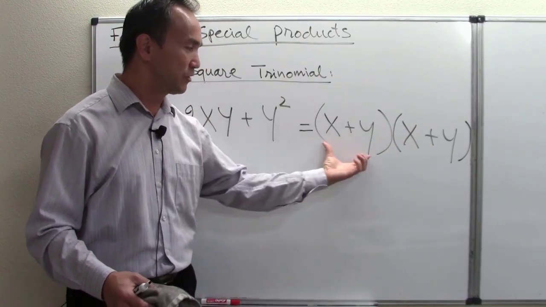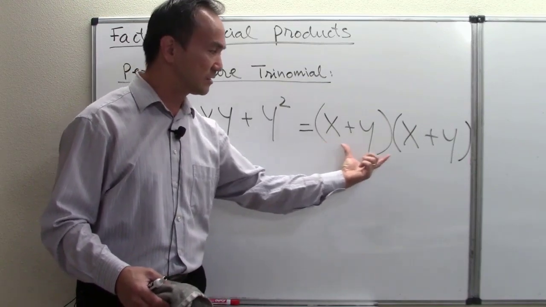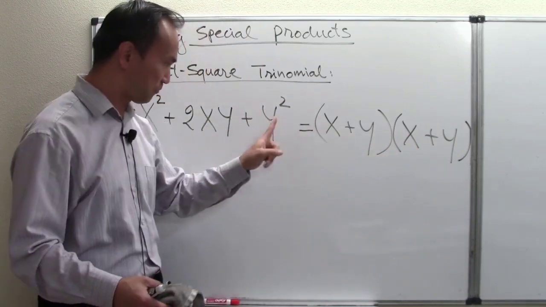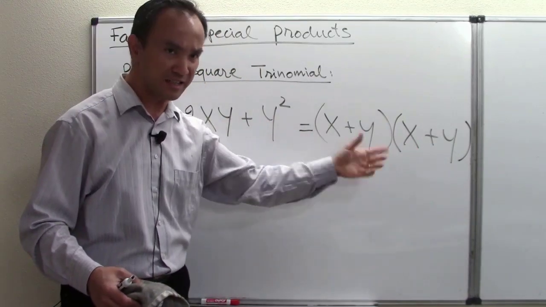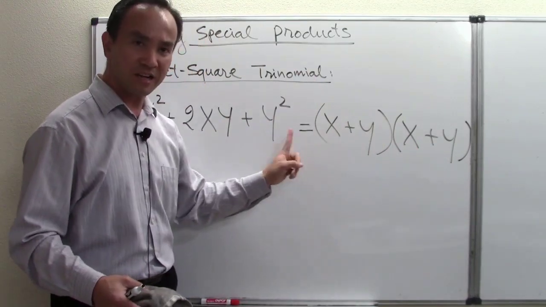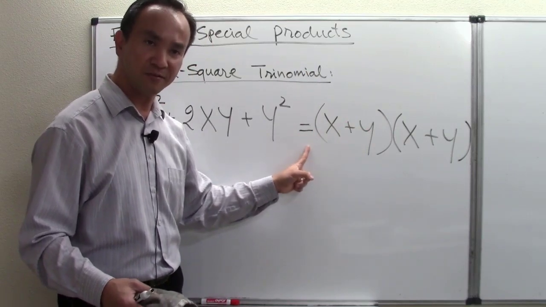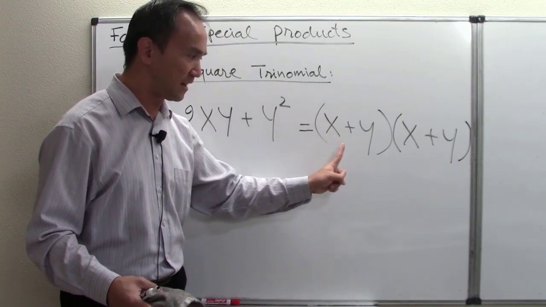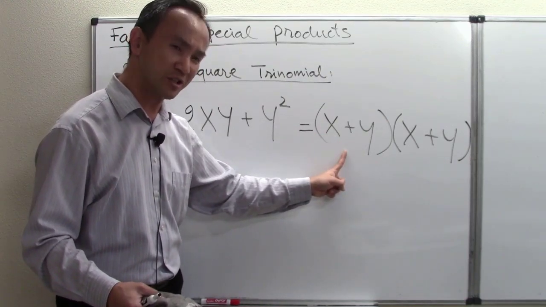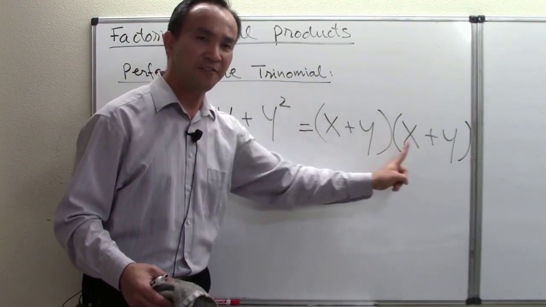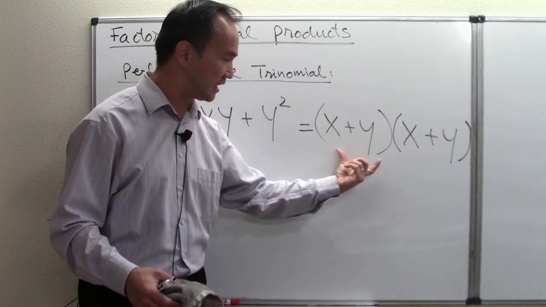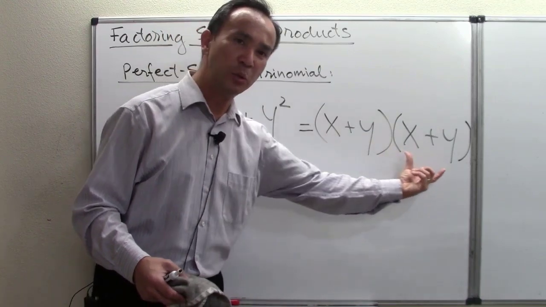We realize, hey, wait a minute, these two are identical factors. I intentionally used the methods we've learned from the previous lesson, and anyone can do this. But now we're looking more closely at our final product, and we realize this product has exactly two identical factors.